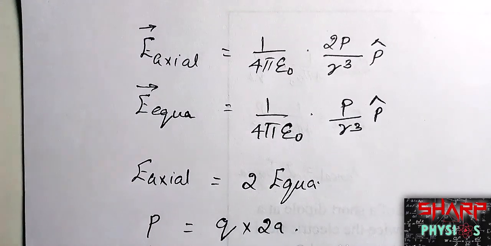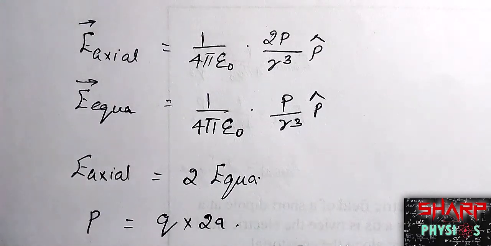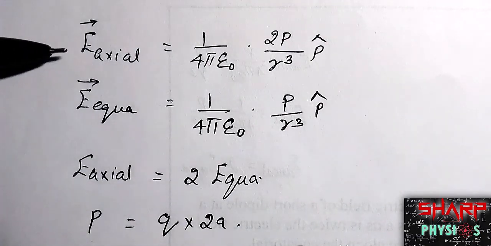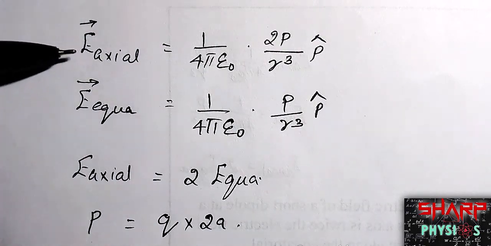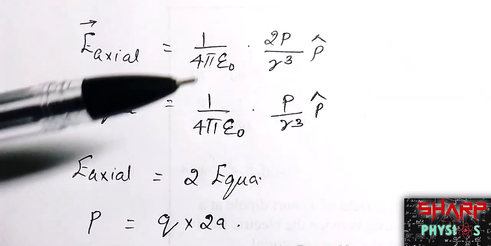I hope you have understood the very basics of the electric field at an axial point of a dipole as well as at an equatorial point, and it's very necessary to know all these formulas. So dear students, keep all these formulas in your mind. E axial is equal to 1 by 4 pi epsilon 0 into 2p by r cube, p cap.